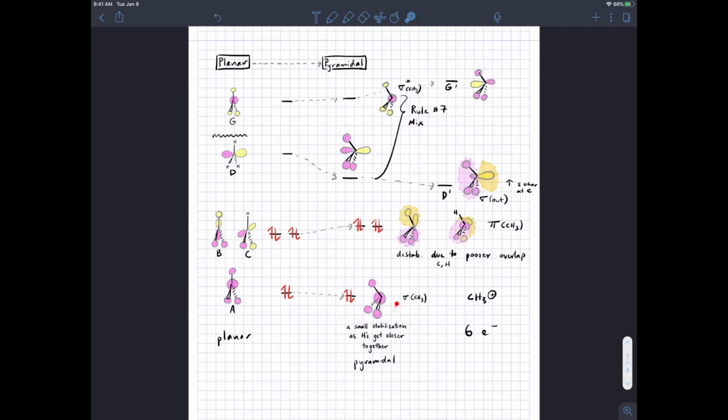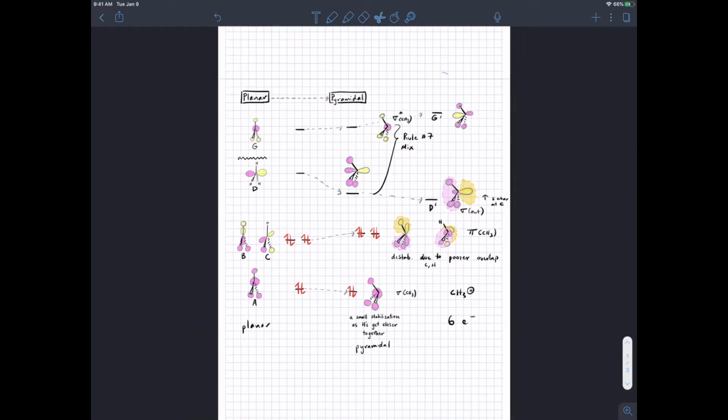The stabilization that the A orbital experiences is not enough to compensate for the destabilization of the pi CH3s. So if you were to take CH3 plus and make it not planar, the pi electrons would move higher in energy. And so the lowest energy state for CH3 plus is going to be planar.